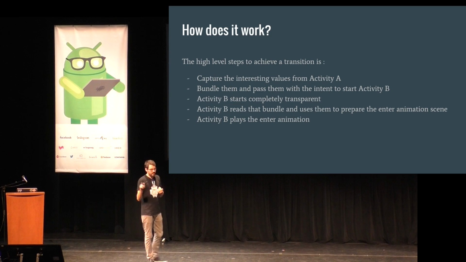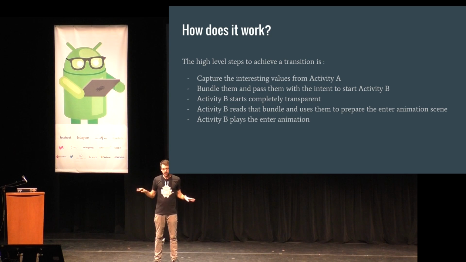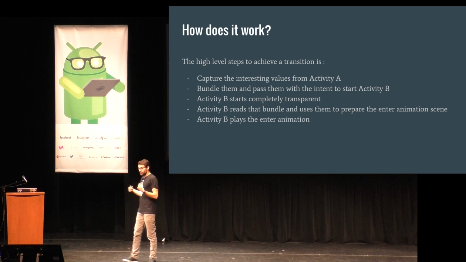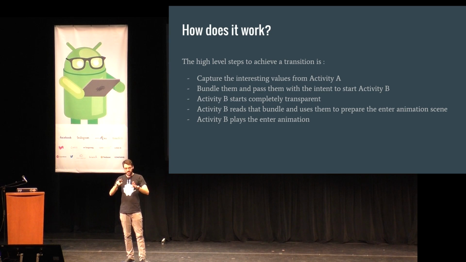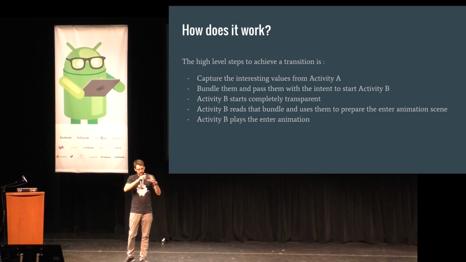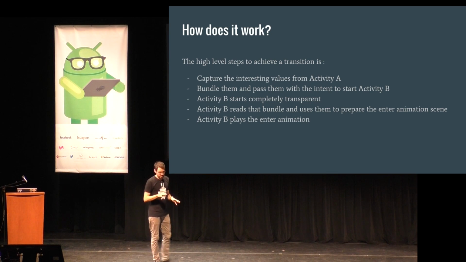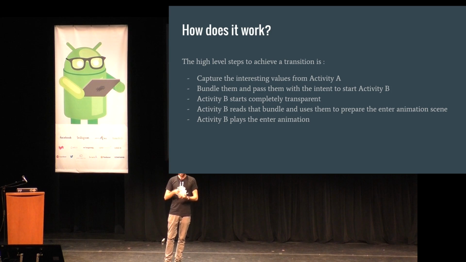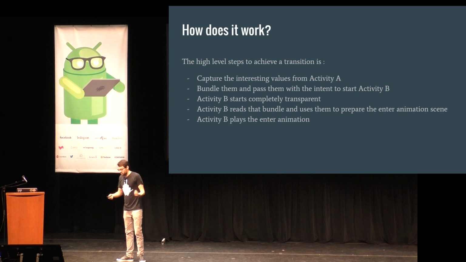But the trick here is that you're going to start it completely transparent. So to the user, it will be invisible. But for you, it will be a ready, perfect canvas to position something, prepare your scene, whatever your enter transition is going to be, and then play the animation. And that's it. You finish in your second activity. And that's all it needs to do.